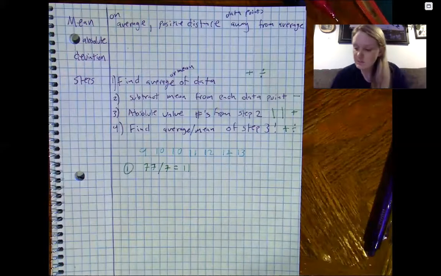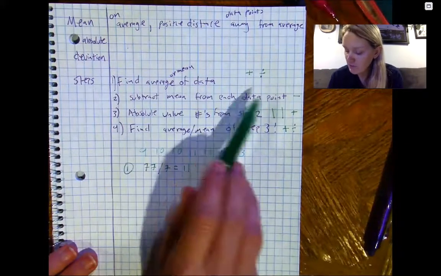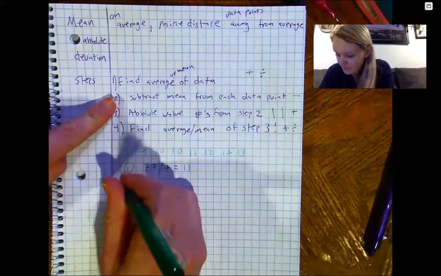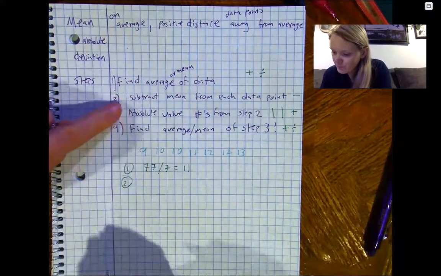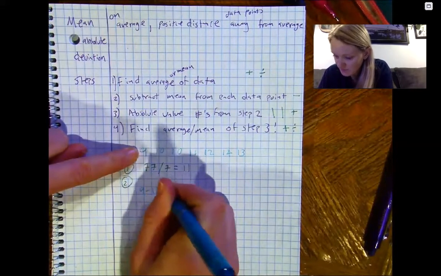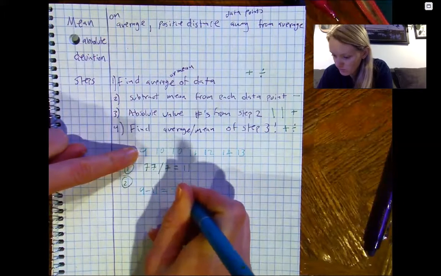Okay. Step 2 says subtract the mean from each data point. So I'm going to take each data point that we had and subtract 11 from it. 9 minus 11, -2.